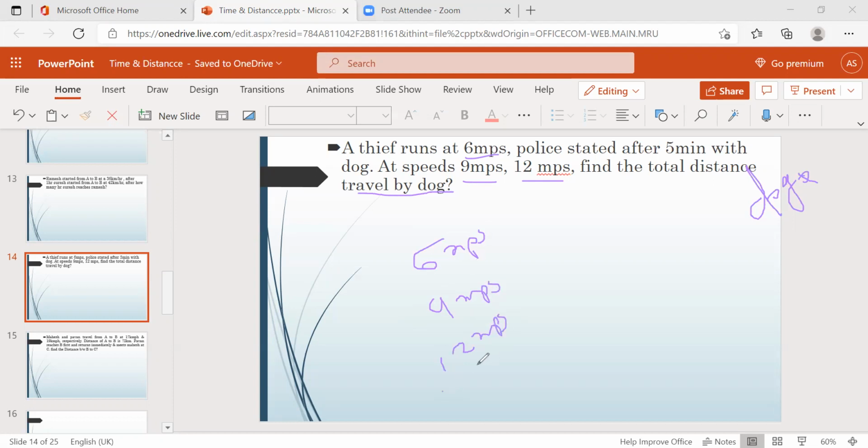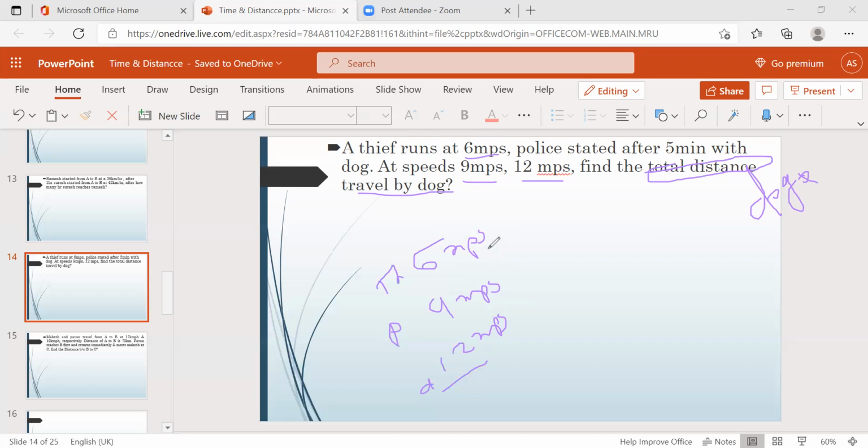So who is faster? Dog, then police, then thief, right? So leave the distance aside for some time. First find out when police reaches the thief and when the dog reaches the thief.